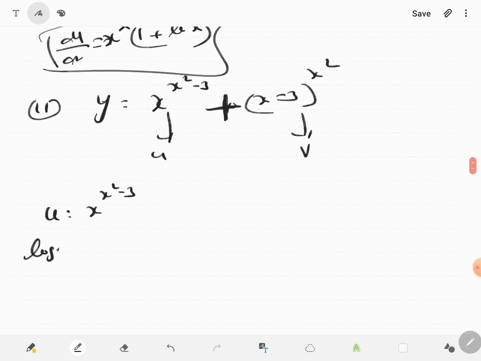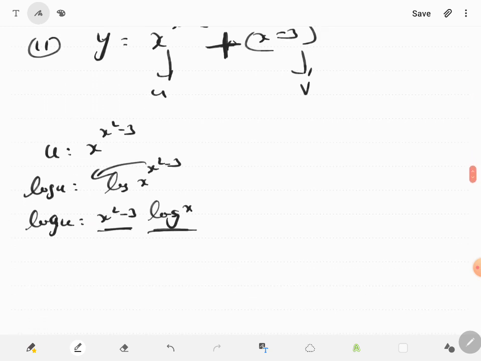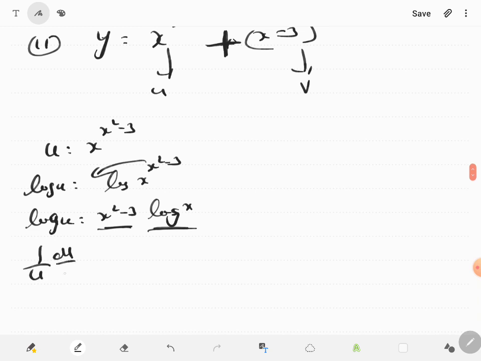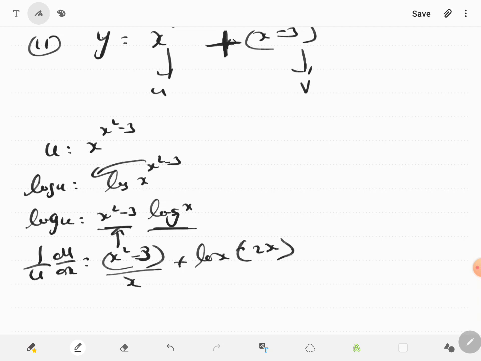Applying log on both sides, log u is equal to log of x to the power x square minus 3. So log u is equal to x square minus 3 into log x. Okay, this is u and this is to be done as v. 1 by u into du by dx is x square minus 3 and the differentiation of log x is 1 by x, plus log x into the differentiation of x square minus 3, which is just 2x.